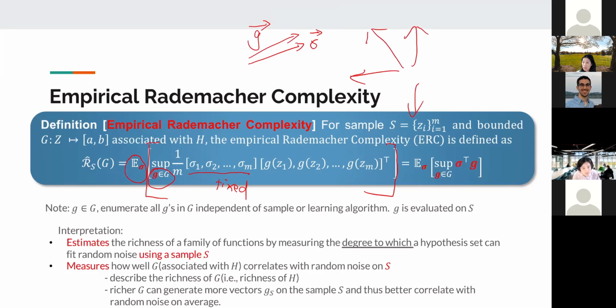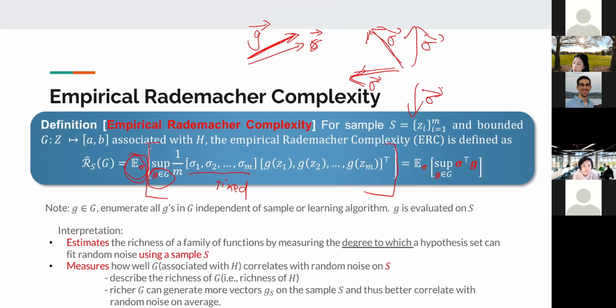Let's say your G is not very rich, it can only take this direction. It might give you a very good fit for this specific sigma, but G won't be able to fit these other sigmas, because the sigma could point in many other directions. Does this make sense? So taking expectation over sigma basically means that you are able to do a good fit for a lot of different realizations of this random noise. So here we're varying G, but we're keeping H constant, right?